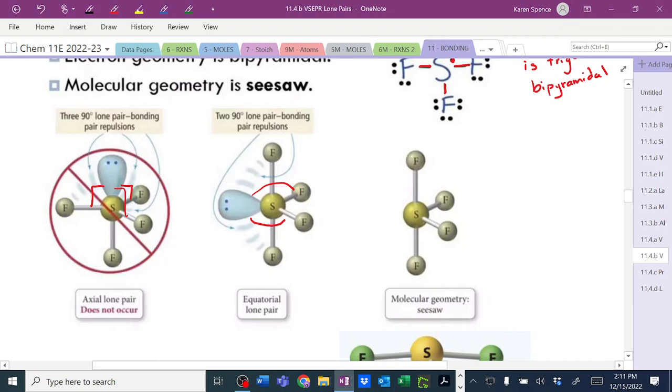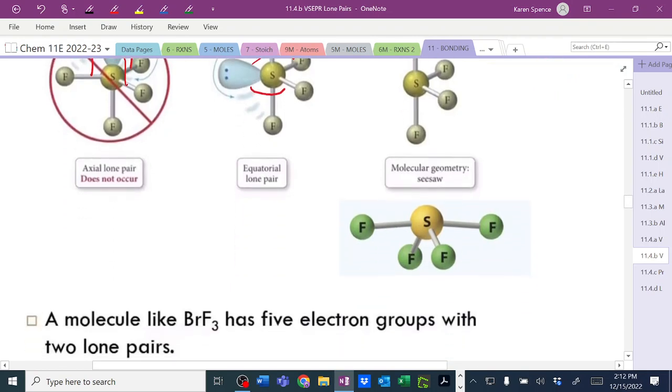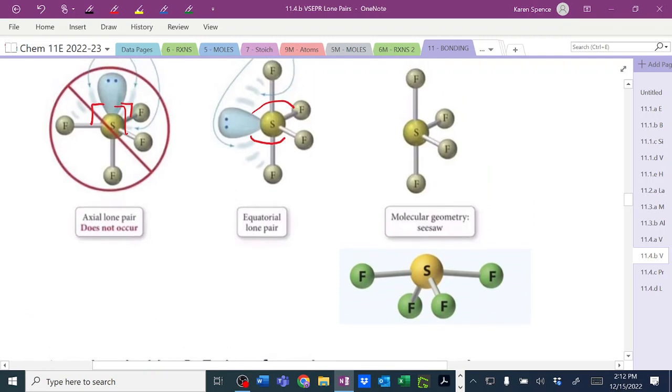Because this happens, the geometry is called, okay, I don't like this name, a distorted tetrahedron, but that makes me sad. You could also call it a seesaw, because if you turn it sideways, you can have a little person sitting there, and a little person sitting there.